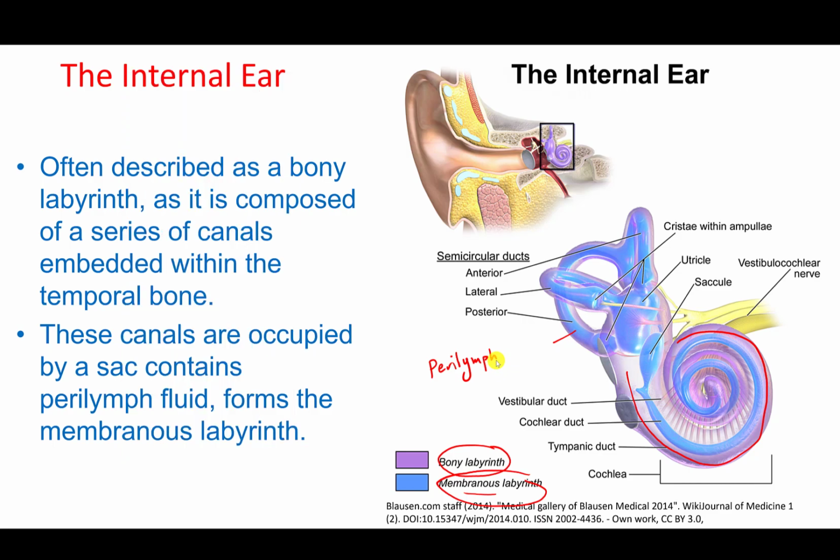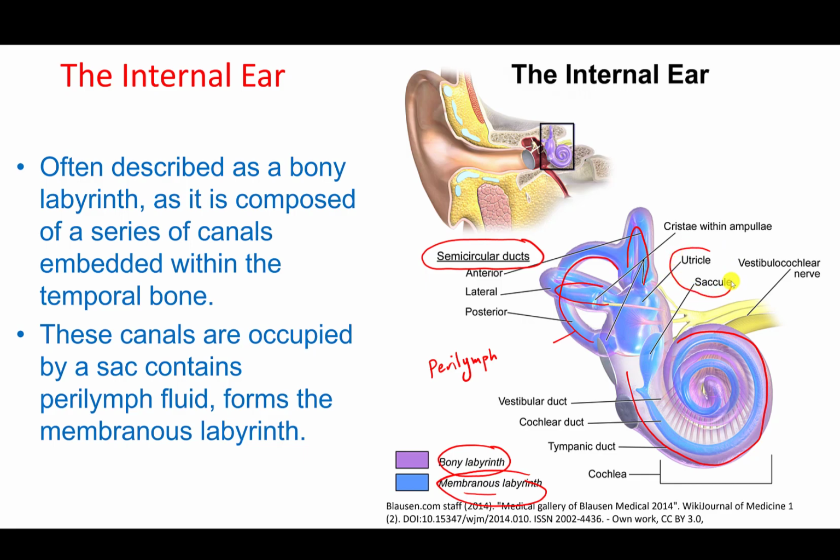Okay, so in the inner ear we have three different regions. We have the semicircular ducts. Those are three semicircular canals, or half circles, that are orienting themselves along the anterior, lateral, and posterior planes. Those are continuous and connected to the utricle and the saccule.